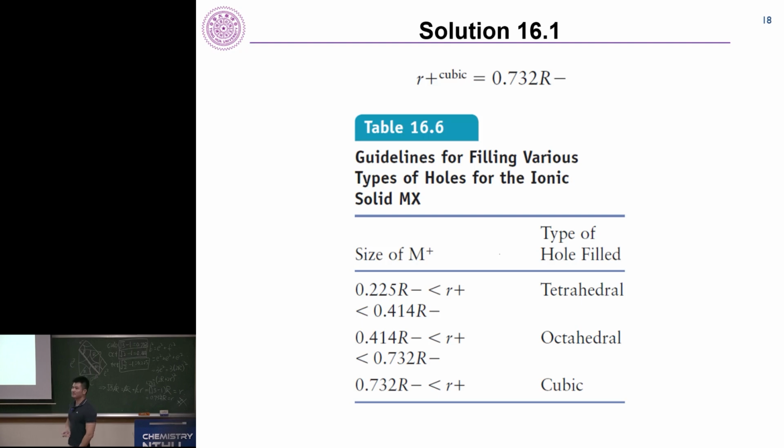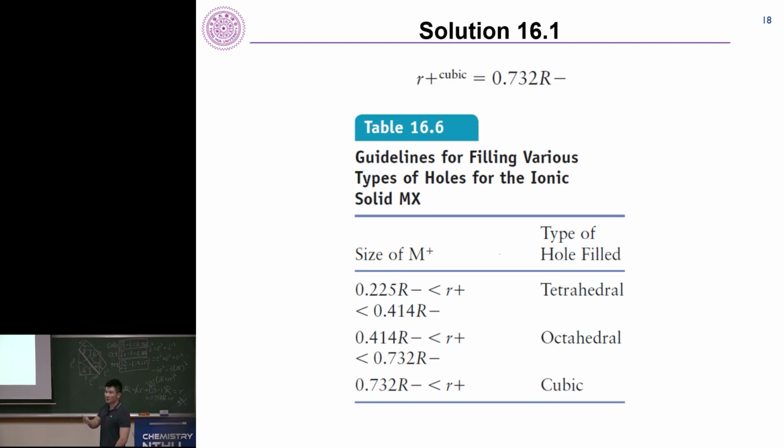Hence, we can summarize. If the question gives you 2 radii, say the small r is 1.0 angstrom and the big R is 1.5 angstrom, the ratio is going to be around 0.667, then it's going to fall within the octahedral hole.